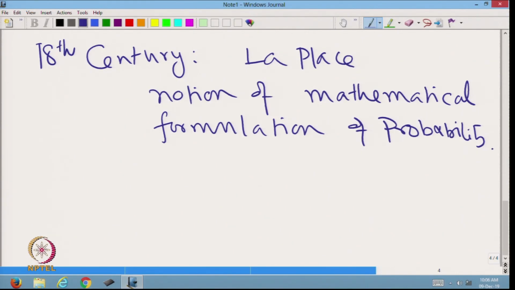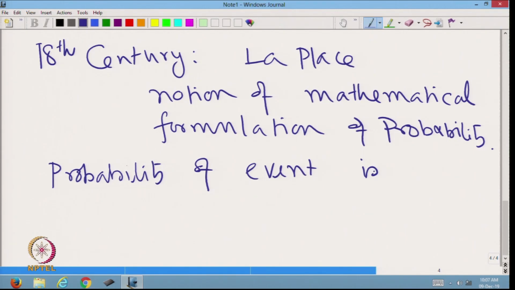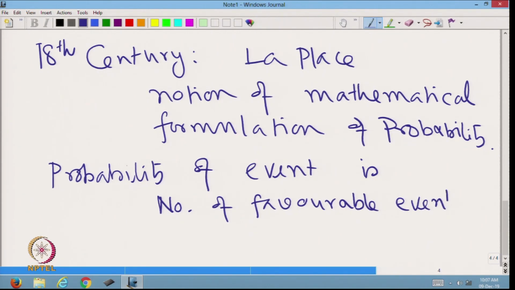And he suggested that probability of an event is the ratio of number of favorable events upon total number of events.